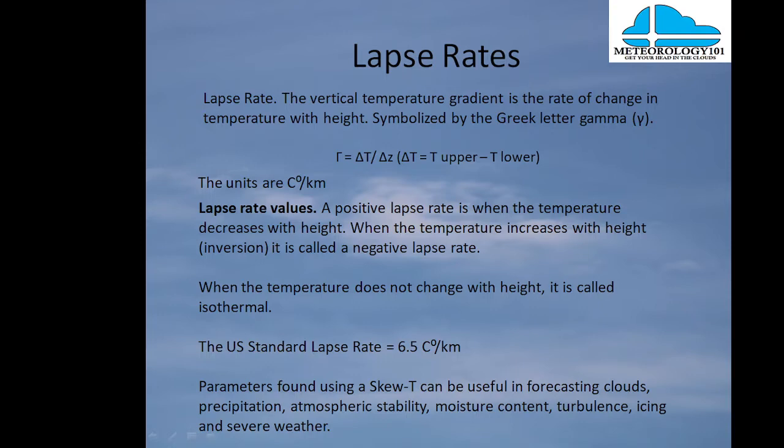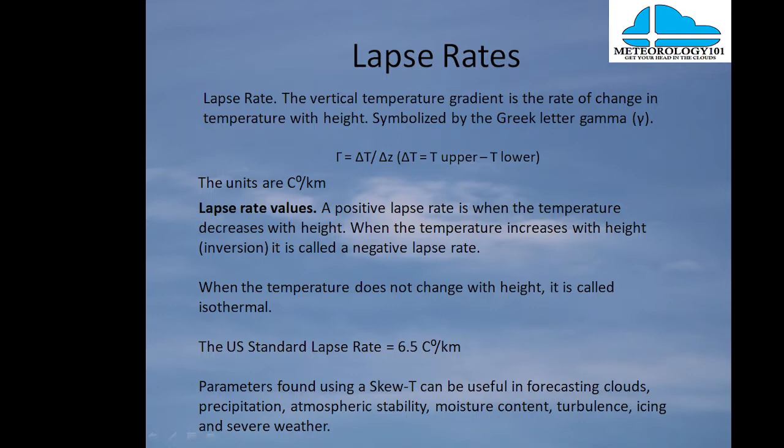Following a SCU-T chart, it's all plotted: what the temperature is at the upper part of the inversion or the upper part of the gradient line where the temperature decreased, minus the temperature at the lower part of that inversion or temperature decrease, and then you've got your answer for the thermal gradient.